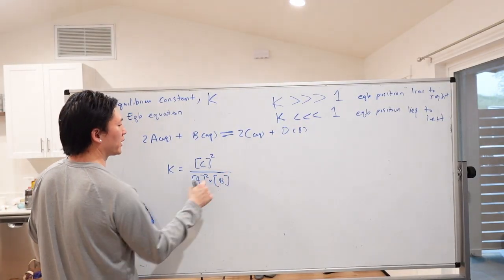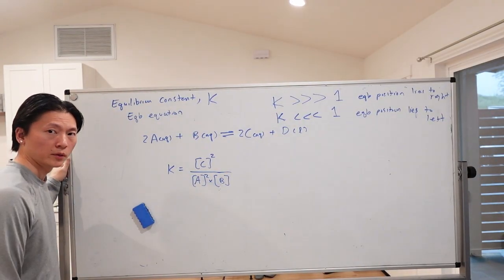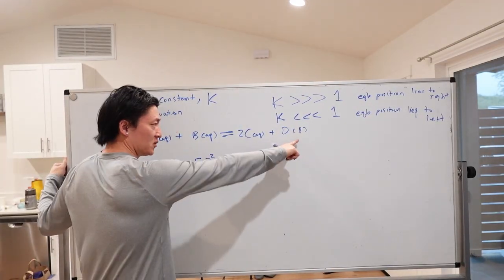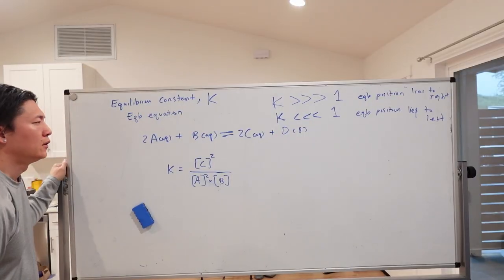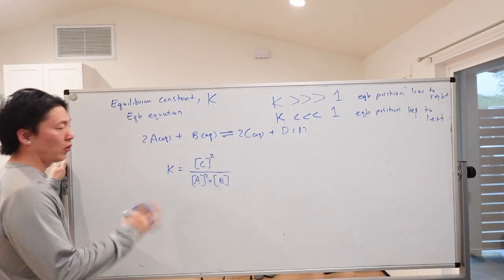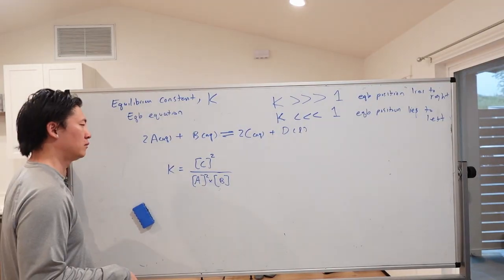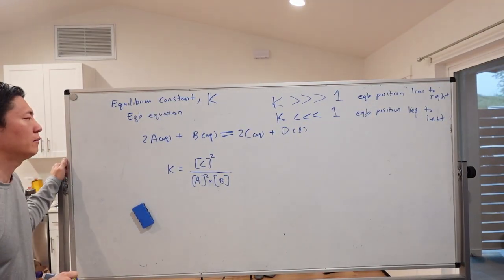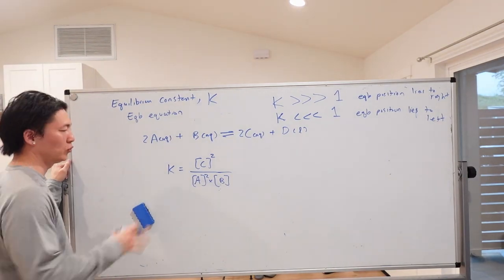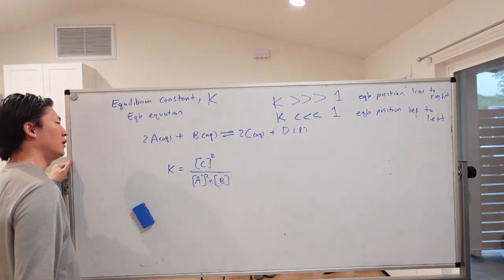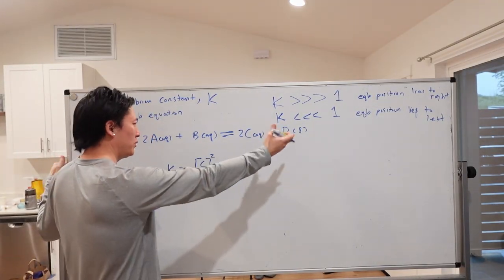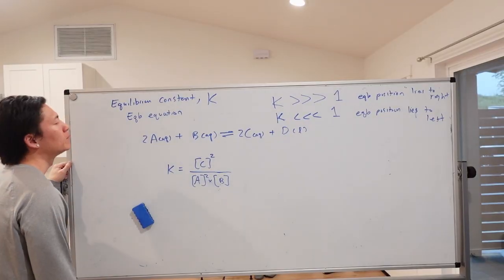So this is the correct answer for the equilibrium equation. The D is left out because it's a liquid. So these physical states become important. If they're all gases, then you can put them in. They have to all be gases though. In this case, since we are in an aqueous solution, if you have a liquid, that does not go in here, okay?